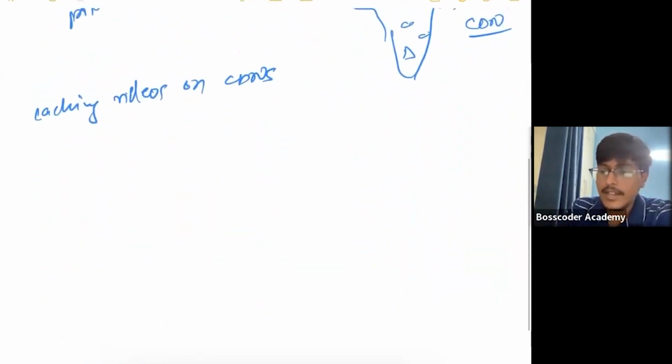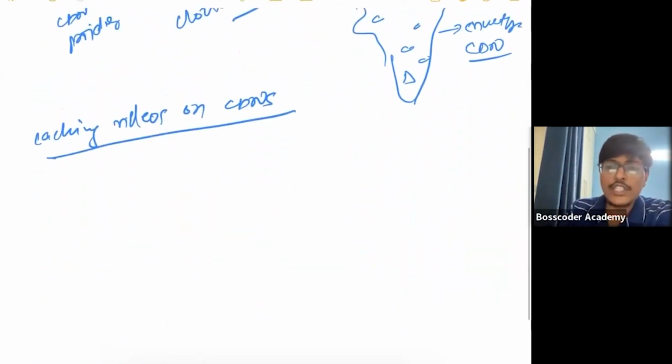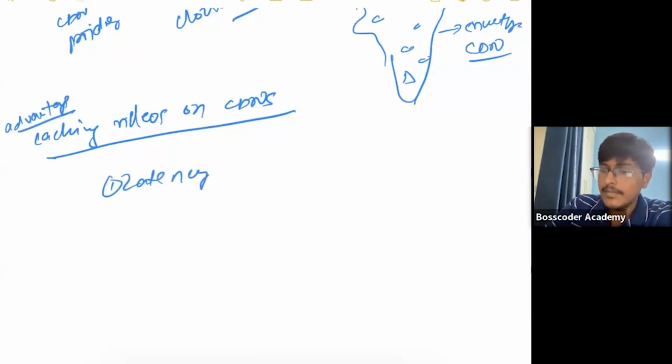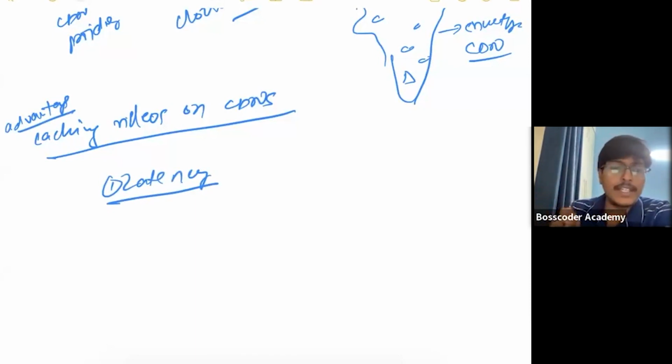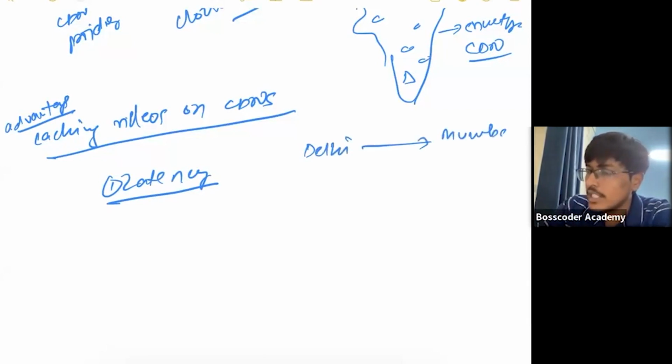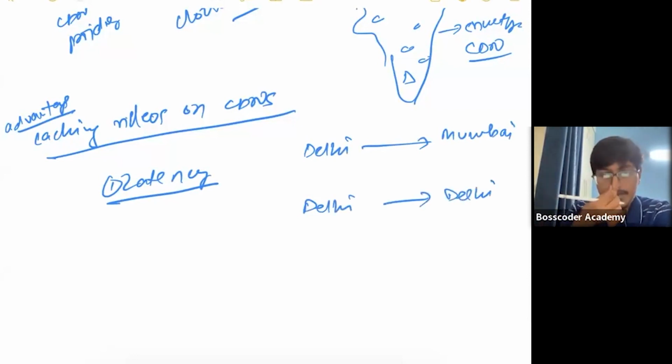So what is the advantage of caching videos on CDNs? One is latency. Since a CDN will be present in Delhi itself, previously you had to go from Delhi to Mumbai to stream the video. Now you can directly stream video from Delhi to Delhi itself. So one aspect is low latency because now the distance is reduced.